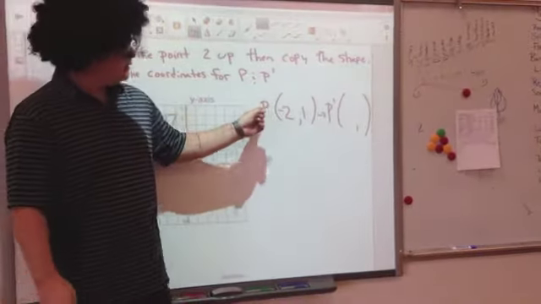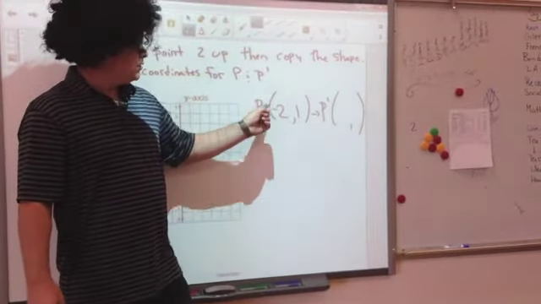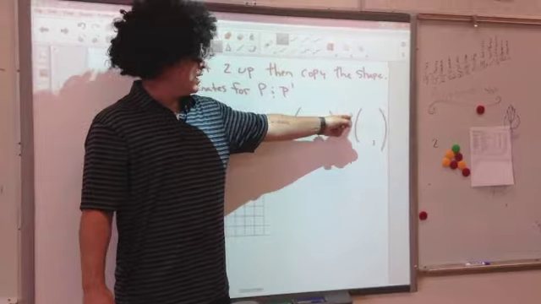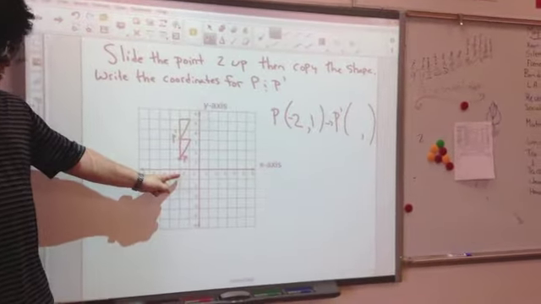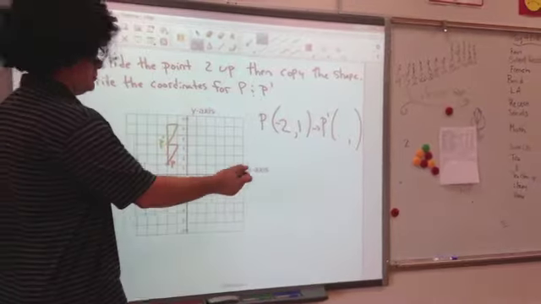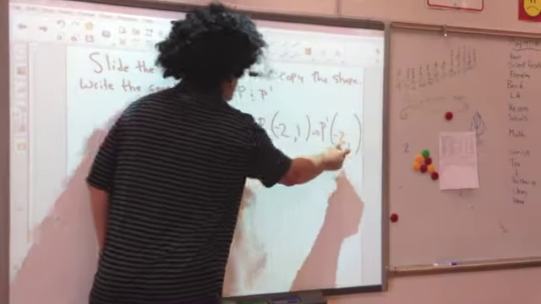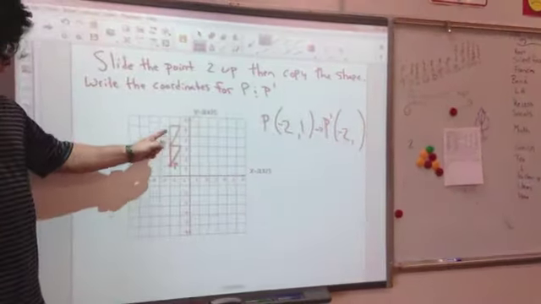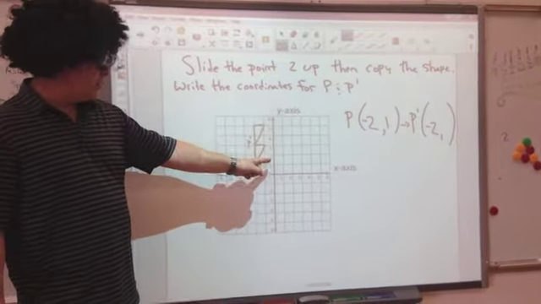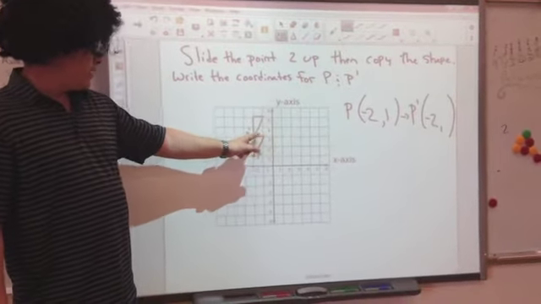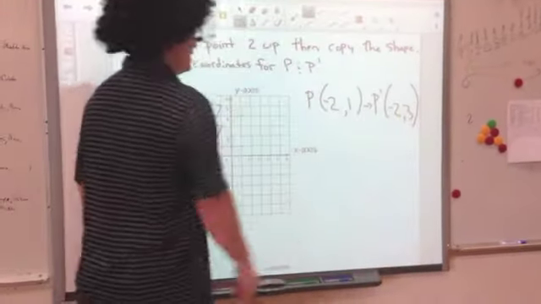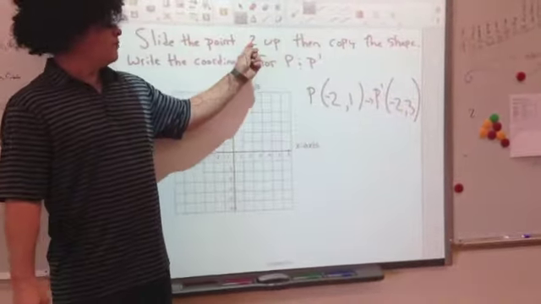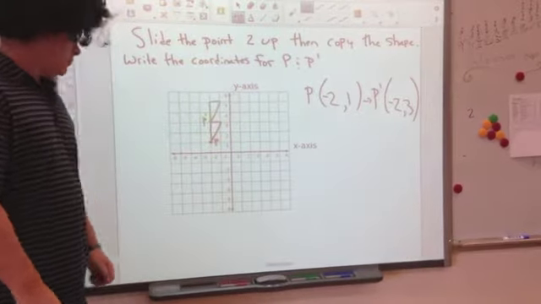Now if you go from the original to your new image, so this is the P prime, what are the coordinates of P prime? Now look, it's still at -2 for my X. But now if I take a look here, it's all the way up to 1, 2, 3. So +3. So my X didn't change, but my Y went up 2, which is what it asked us to do.